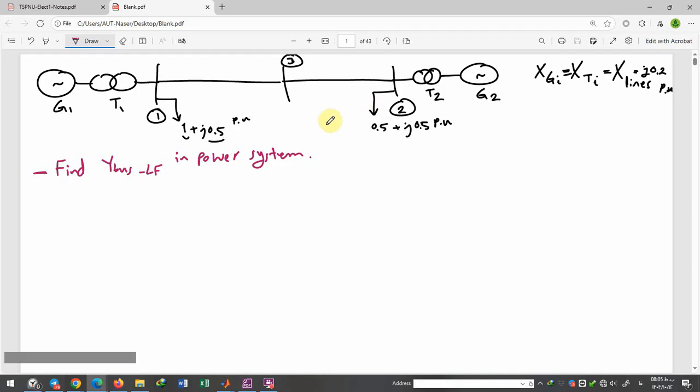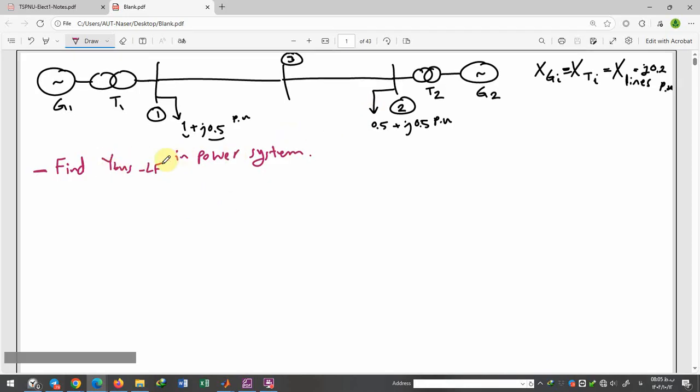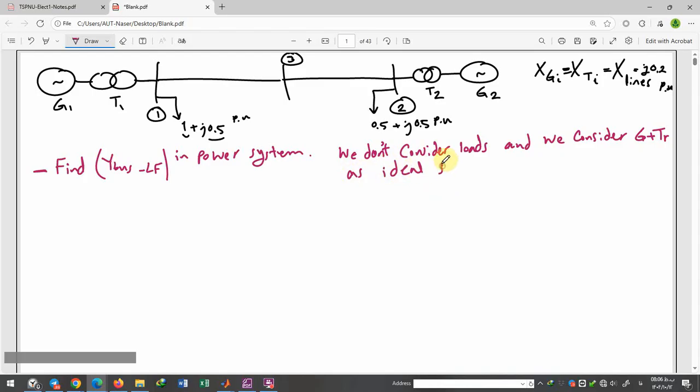Okay, for calculating the Y-bus used for load flow, we don't consider loads, and we consider generator plus transformer as an ideal source.